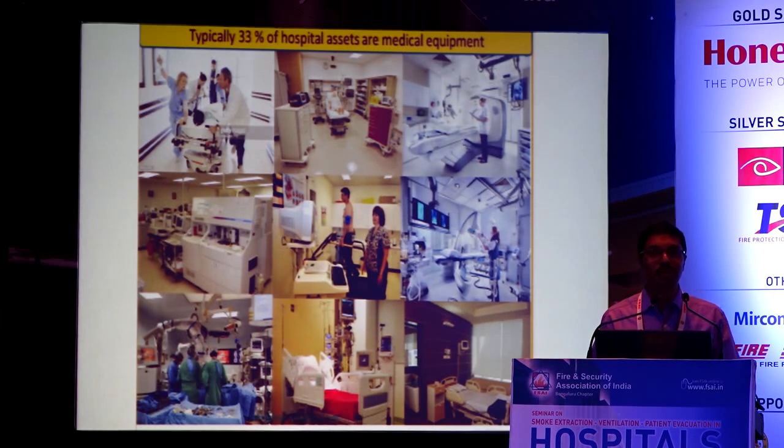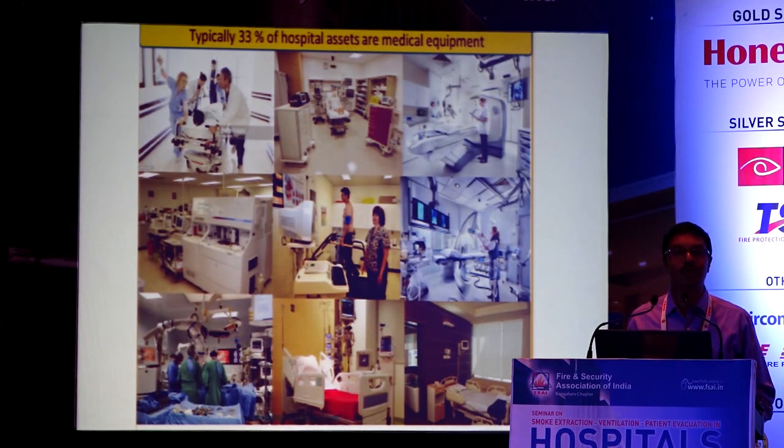You can see in the picture that all the clinical areas have medical equipments located. So do medical equipments contribute to the fire, or do they act like a catalyst? Or is there anything which triggers with the medical devices? This is something we need to understand as part of this presentation.